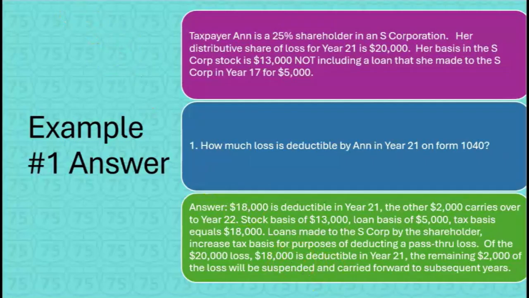In order for Ann to deduct the remaining $2,000 in subsequent years, there would have to be additional basis in those years, like a contribution of capital or some income being passed through to her. But this question asked how much loss is deductible by Ann in year 21 of the $20,000 loss. That was her distributive share, and the answer is only $18,000.